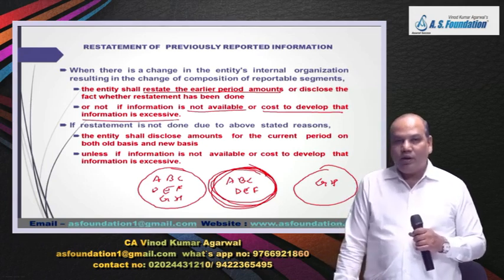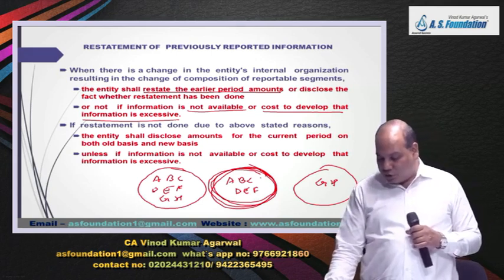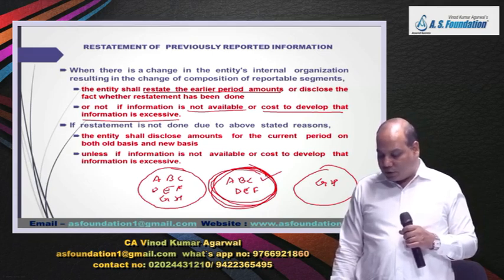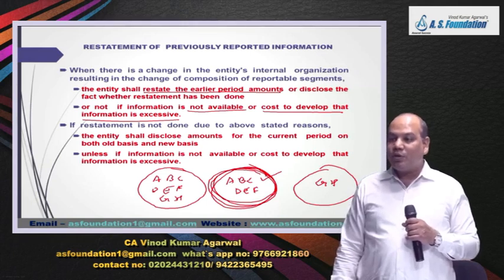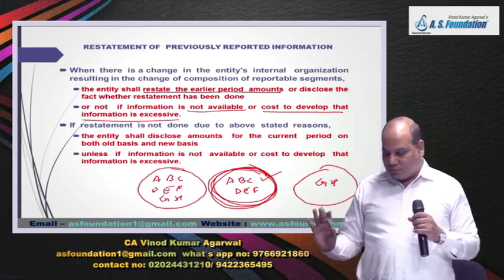So there is a relaxation here. What is the relaxation? You need to restate previous year figure. But in case the information is not available or the cost to develop that information is very high, excessive, let it be.